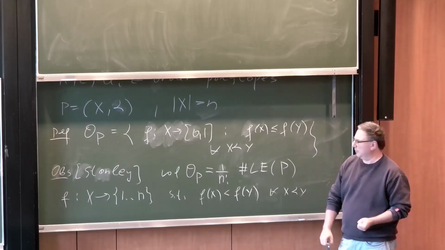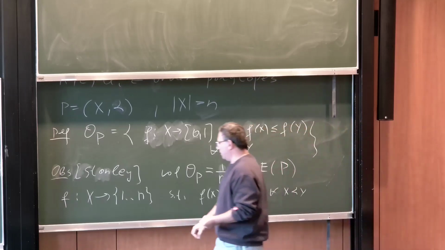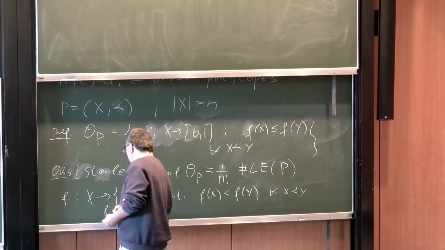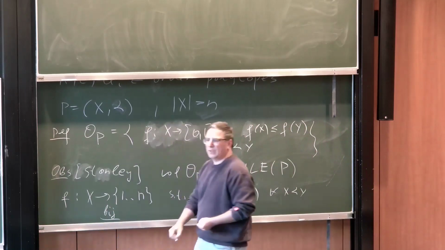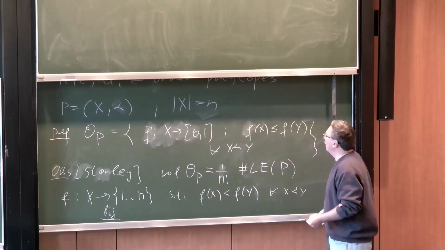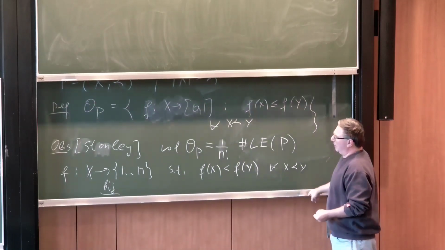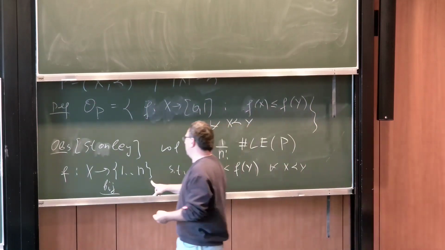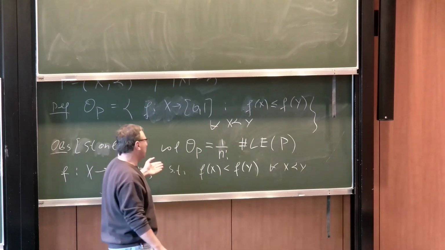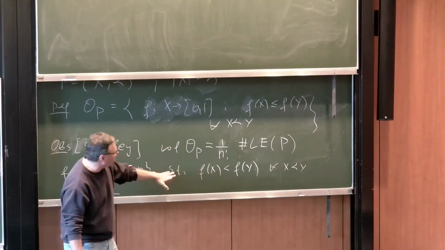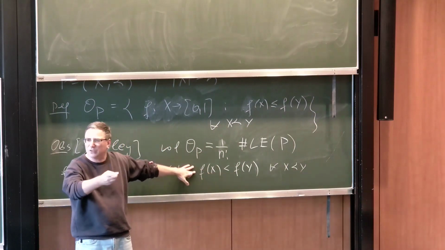It has to be a bijection, right? Yes, it has to be a bijection. That is correct. So we're looking at bijections from the ground set of a poset into the numbers from 1 to n, which are order preserving. So with respect to the order, they're increasing.